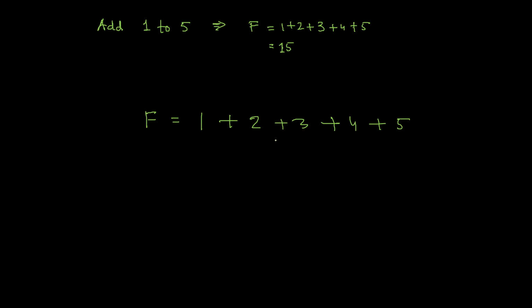Just do one thing. This can also be written as 0 plus 1 plus 2 plus 3 plus 4 plus 5, right?